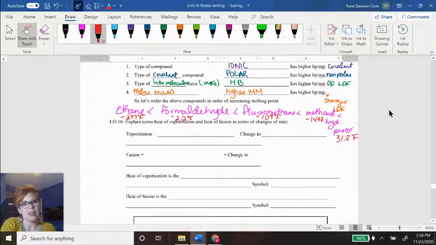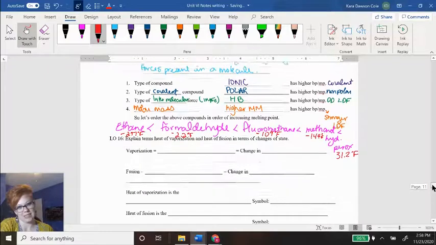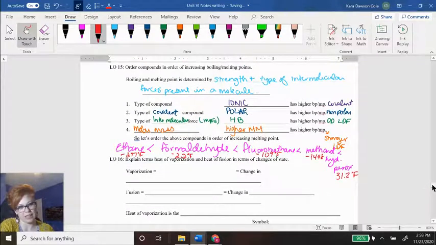So again, this is learning objective 15, order compounds in order of increasing boiling points and melting points. This is based solely on the intermolecular forces present within the molecule. First thing that you look at: do you have an ionic compound versus a covalent compound? Ionic compound is going to have a higher boiling point and higher melting point.